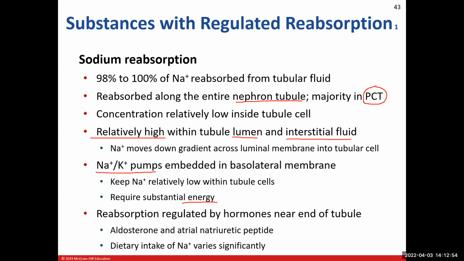Now, when we get towards the end of our nephron tubule, we're going to see the role of hormones and how they regulate sodium reabsorption. So aldosterone and atrial natriuretic peptide, the hormone generated by the atria of the heart when we have an increase in blood pressure.